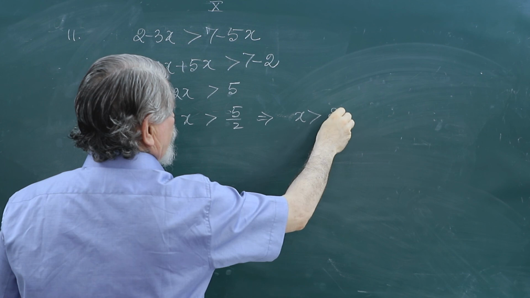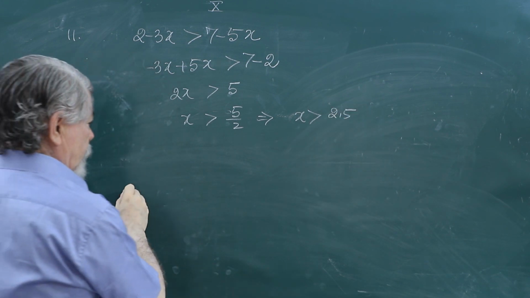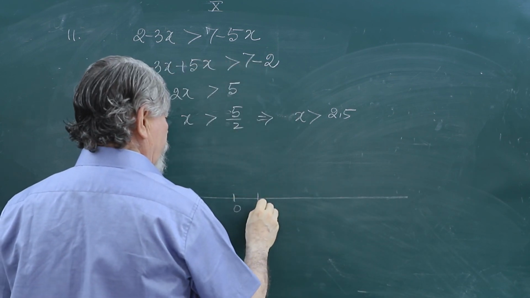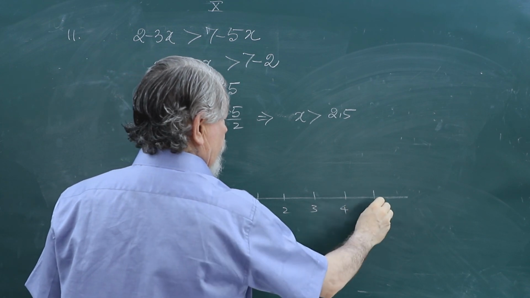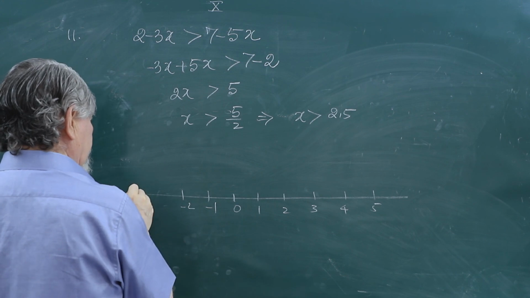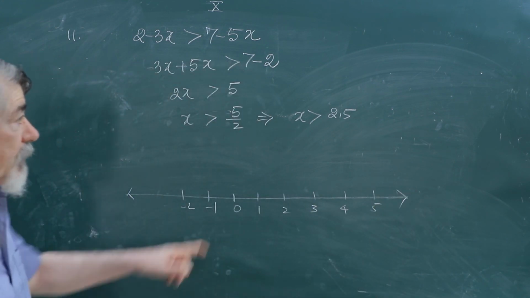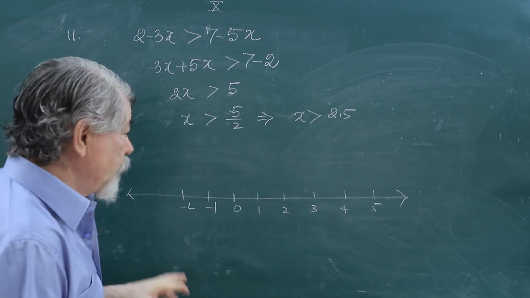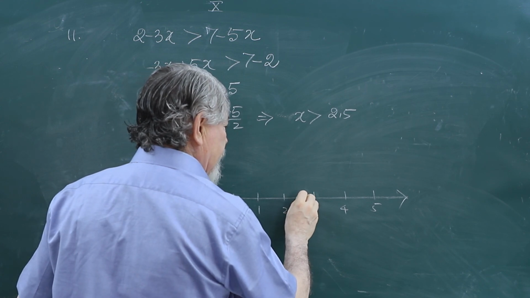x is greater than 2.5. So let's draw 0, 1, 2, 3, 4, 5, minus 1, minus 2, going to infinity. x is greater than 2.5. 2.5 will be exactly in between 2 and 3.